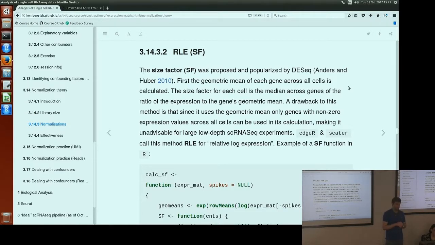And so the approach they took to combat this was we first take the geometric mean of each gene across all cells, so it's a sort of robust measure of the average expression per gene. And then the size factor for each cell is, for a given cell, the median across genes of the ratio of expression relative to the gene's geometric mean.